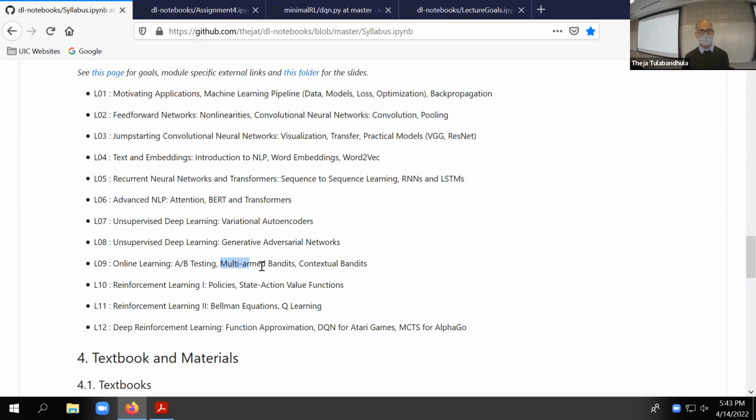We started with multi-armed bandits and then contextual bandits, and we differentiated that from supervised learning with the idea of bandit feedback. You only know what you did. You don't know what would have happened if you did something else, right? That's different. And then we saw basics of reinforcement learning, so policies, state, action, value functions themselves, and models. We also saw briefly Bellman equations, and then the Q learning algorithm.